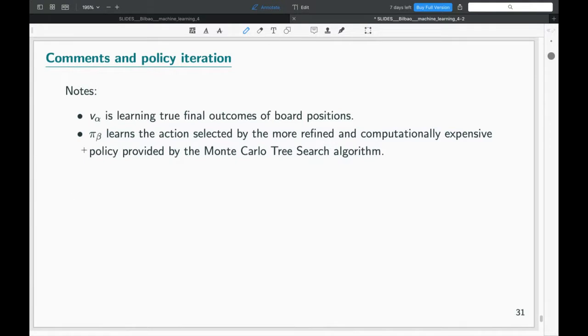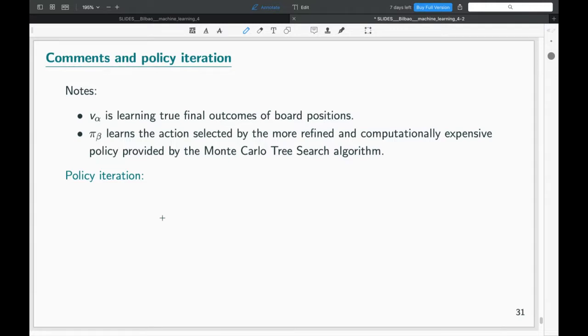And once you have done this optimization, the next games you are going to play, you will have much better neural network predictions. And just a final comment, this whole process is a form of so-called policy iteration.